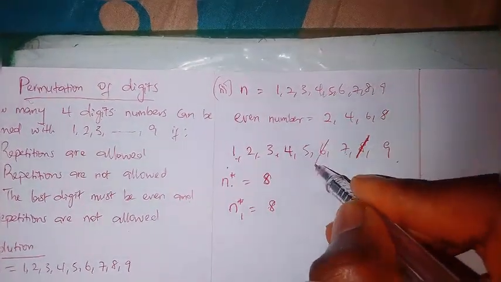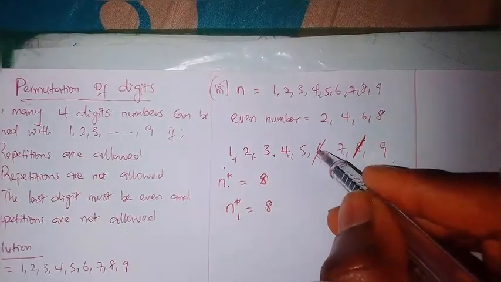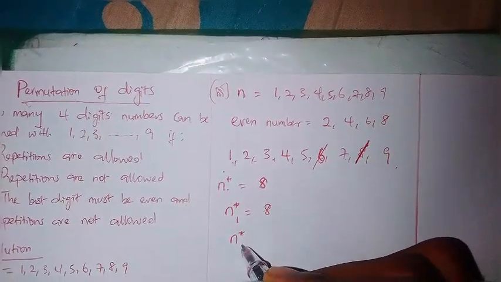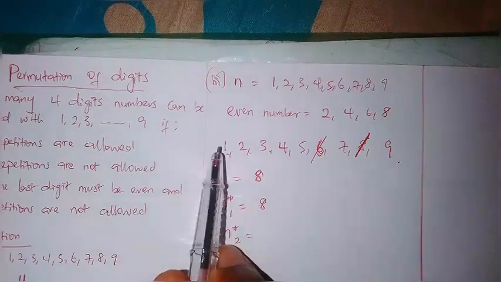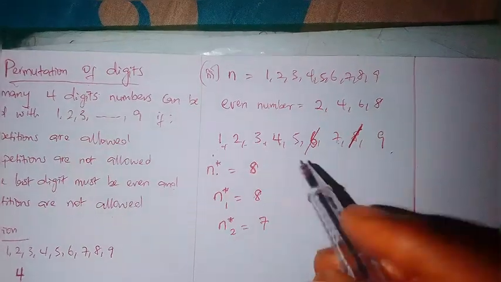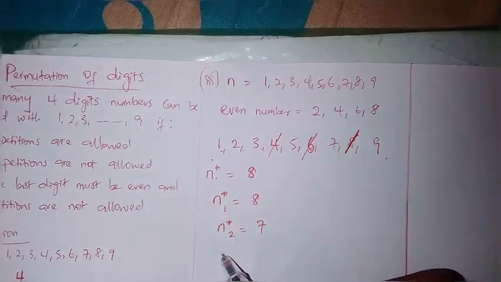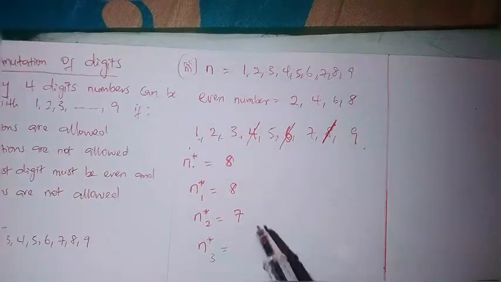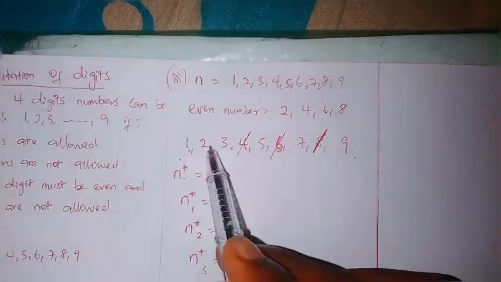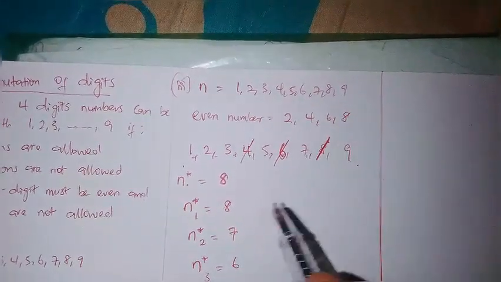Assuming 6 was my last digit, how many do we have left? For my second selection, I can pick from 7. If my last digit is even again, what do I have left? N star 3 can be selected from 6. What do we have left? 1, 2, 3, 5, 7, 9. This is all we have left.